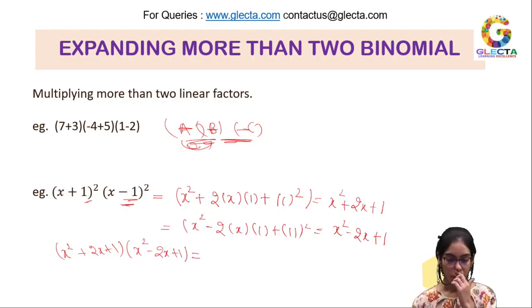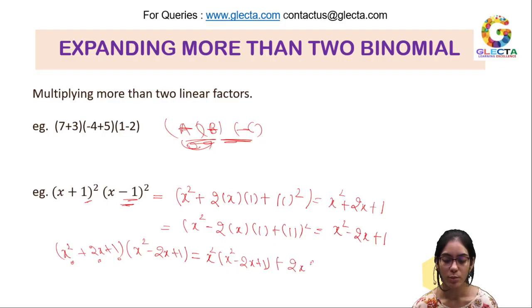Okay, so we'll multiply these terms one by one with the bracket. So x square into x square minus 2x plus 1. Then the second term, that is 2x, will be multiplied with the second bracket, and then the third term with the second bracket.